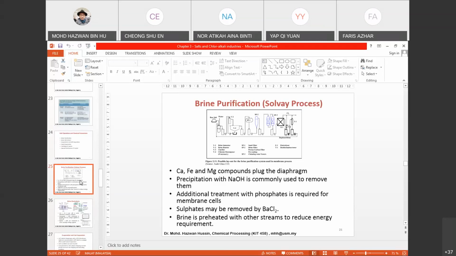Calcium, iron, and magnesium compounds normally plug the diaphragm. So precipitation with sodium hydroxide is commonly used to remove them. If you want to remove calcium, iron, and magnesium, especially calcium, you will see that there's a lot of calcium in brine solution, which normally comes from where? Anyone knows?